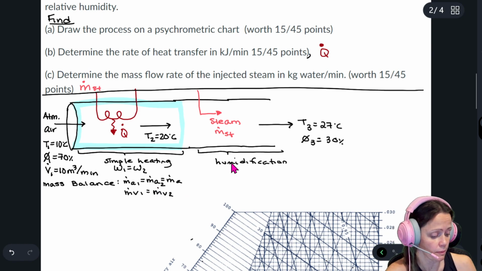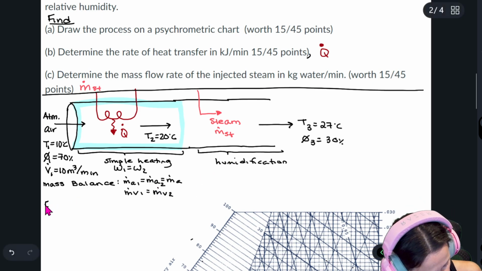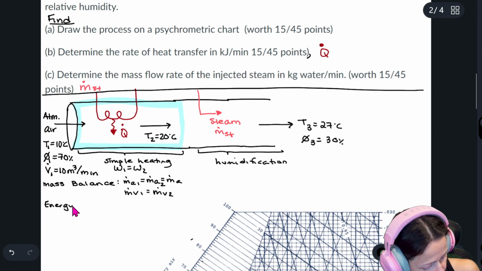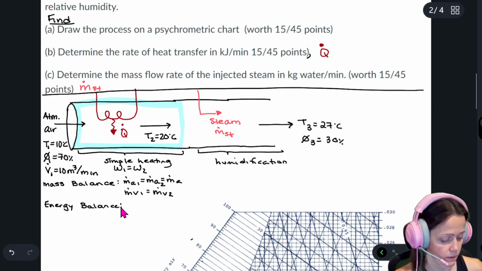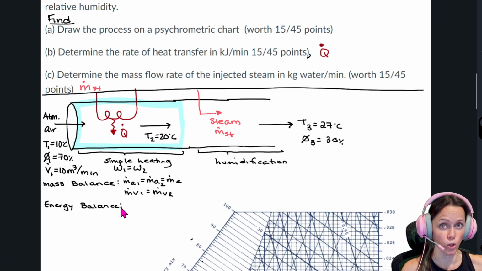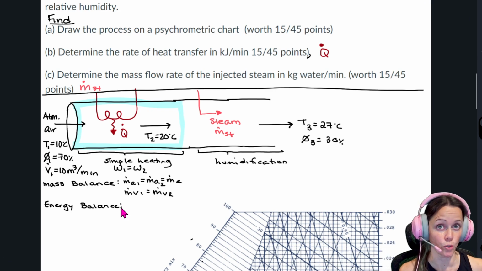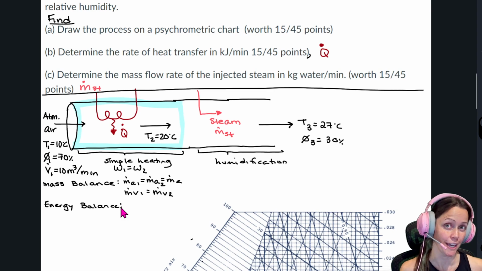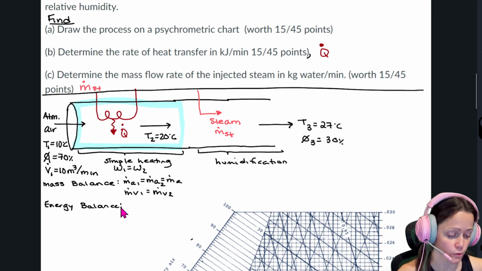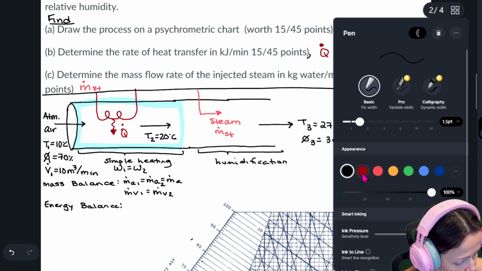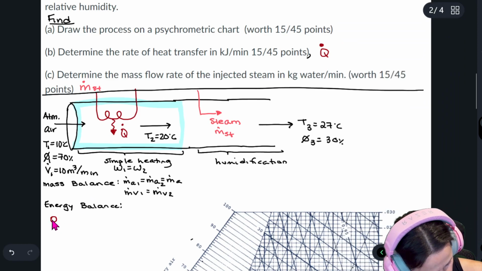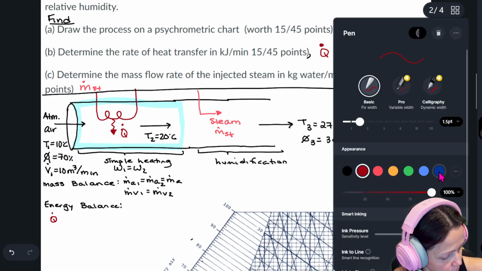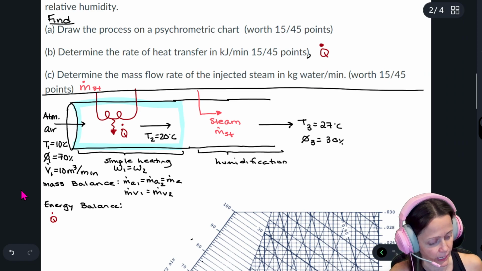We've seen it before: if we apply our energy balance, dE dt equals Q dot minus W dot equals the sum of the m dot h's plus the kinetic energy plus the potential energy coming in, minus the same thing going out. Everything is going to go away except for your Q dot and the sum of the m dot h's in and out.